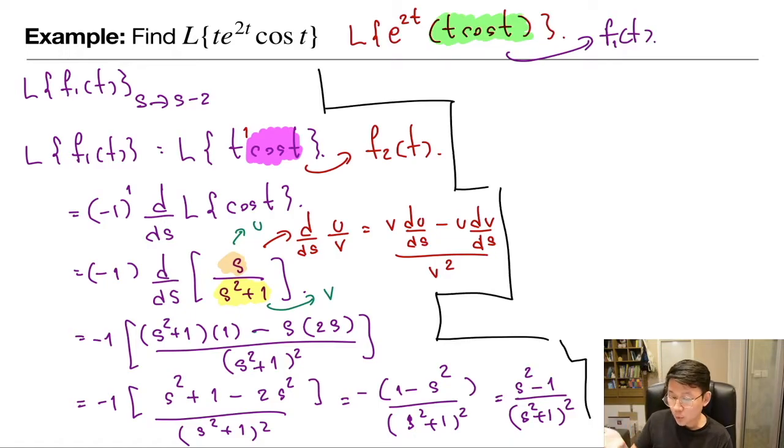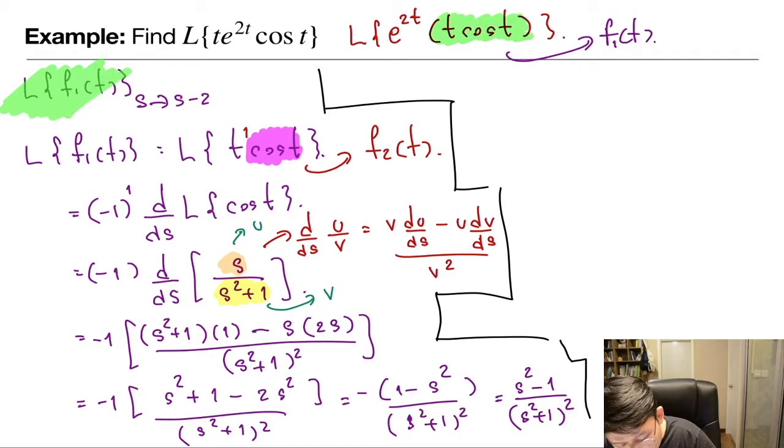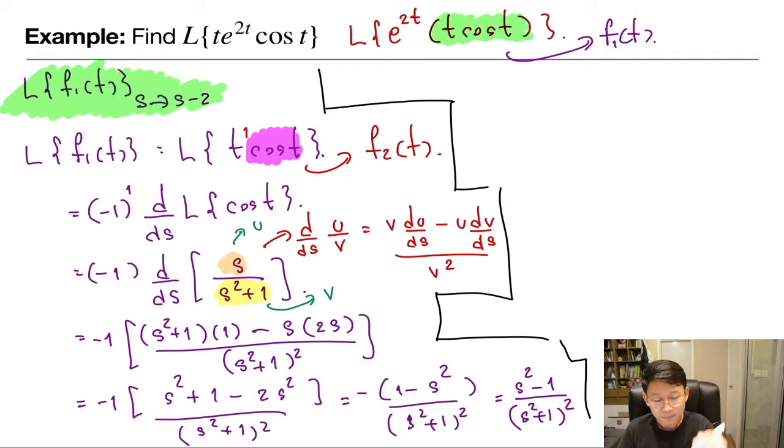Okay, that will be s squared minus 1 divided by s squared plus 1 squared. Okay, and next, this is the Laplace transform of f1t. So this guy, what we want to find, which is the Laplace transform of f1t, and then we need to shift it, right?